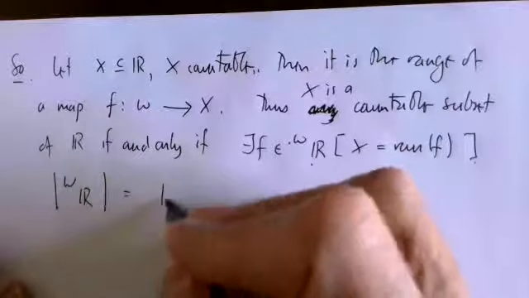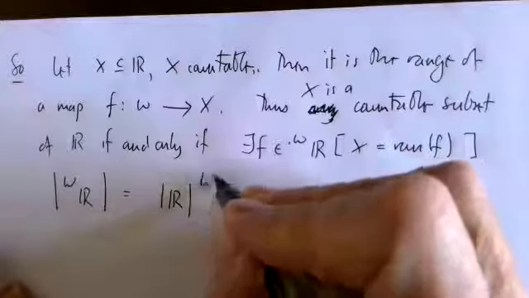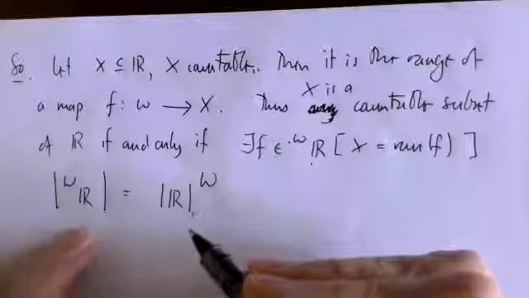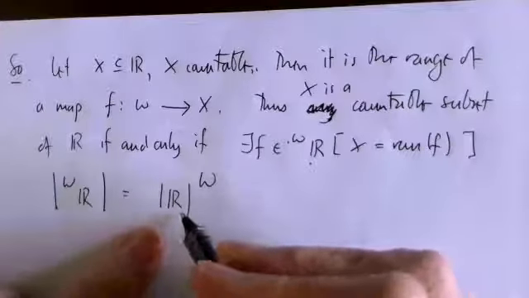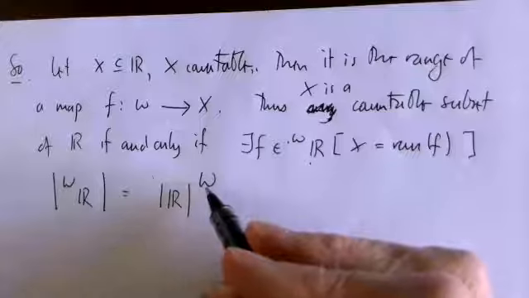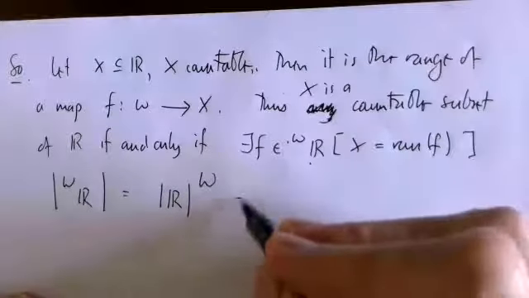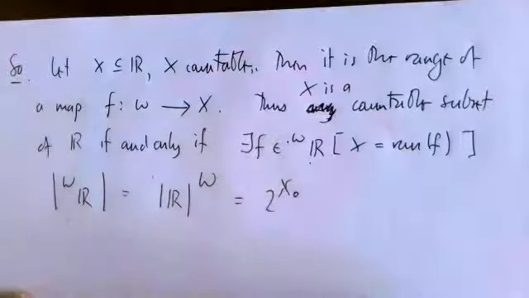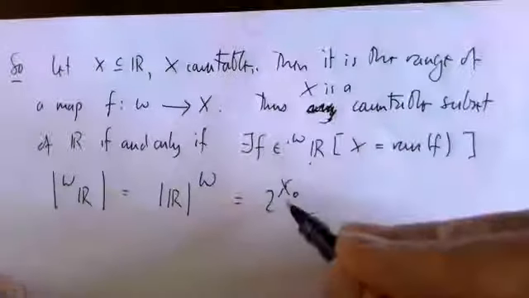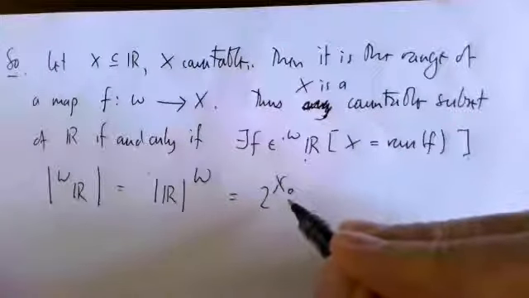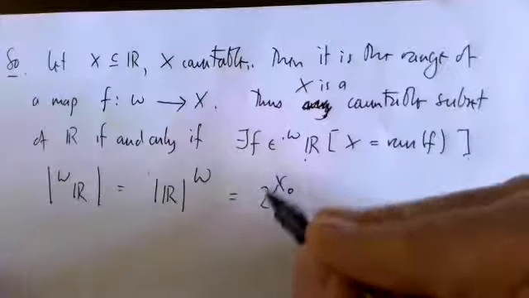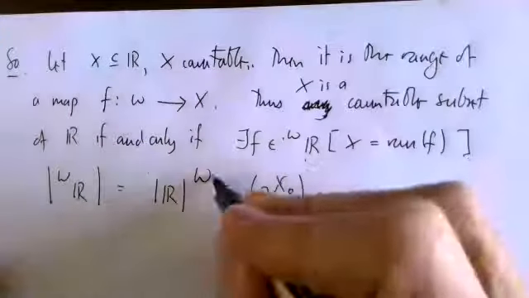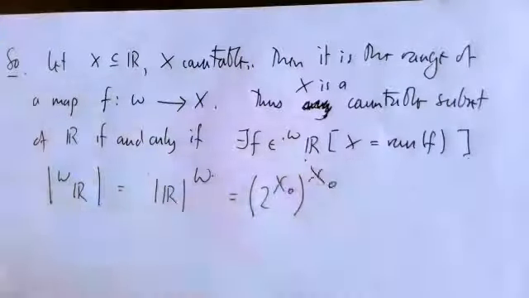So by rules of cardinal arithmetic, this is the cardinality of R to the power omega here. And R has cardinality 2 to the Aleph 0, as we're expressing cardinals using Alephs in this question. So this is the cardinality of R, again to the power of Aleph 0.